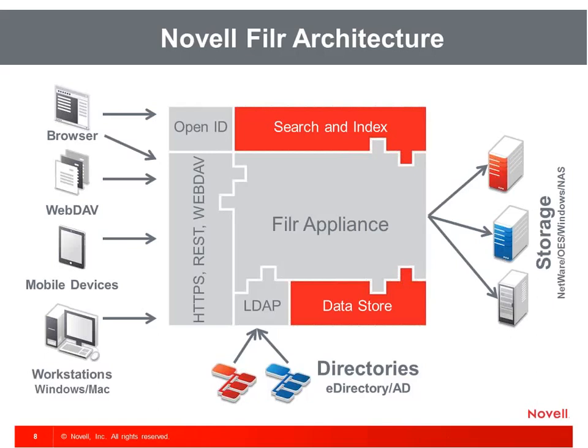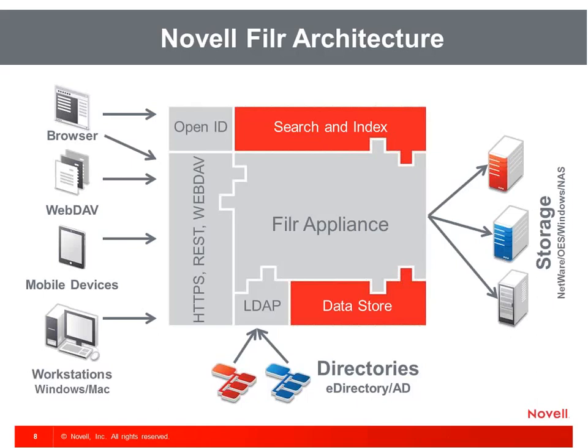One of the other things that Filr does for your users, whether they're mobile users, browser-based users, etc., is the ability to full-text search all of your content. Filr has to go out and determine the rights and information about those files, the metadata for those files, anyway, so that it makes the appropriate files available to the appropriate people when they're coming in through one of these remote devices.